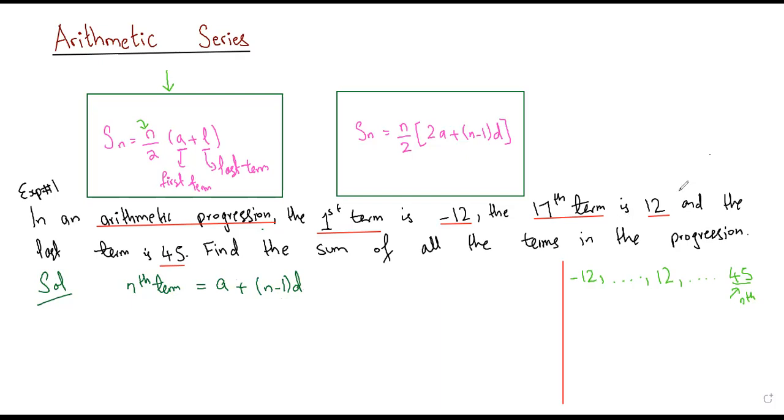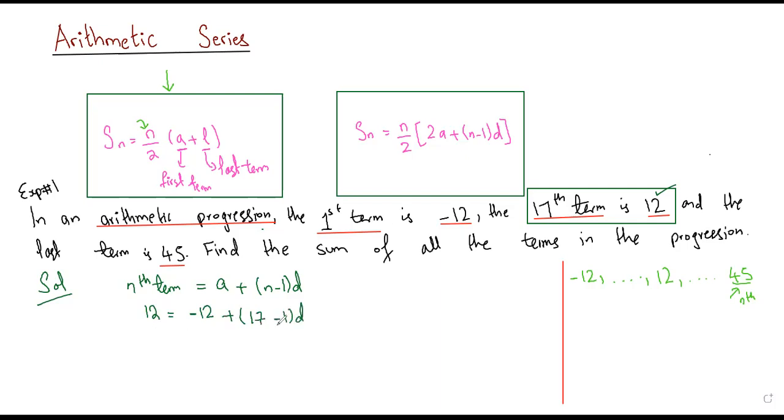So what if I use this to make an equation? The 17th term is 12, that means 12 would come here. A is minus 12, plus 17 would come in place of n, minus 1 into d.